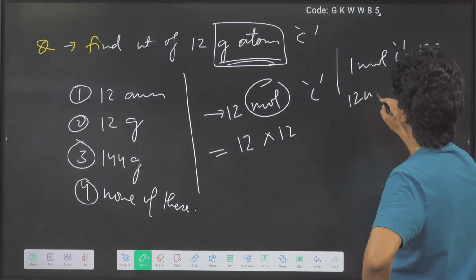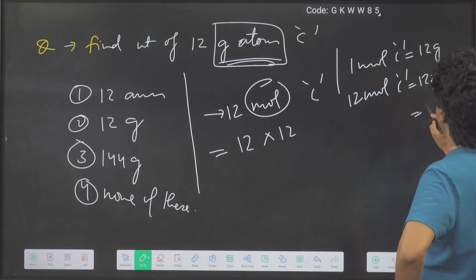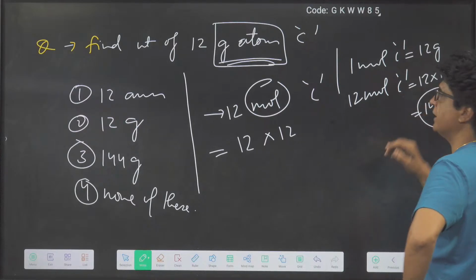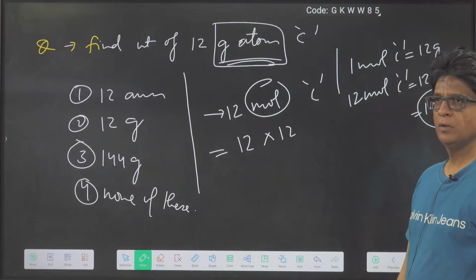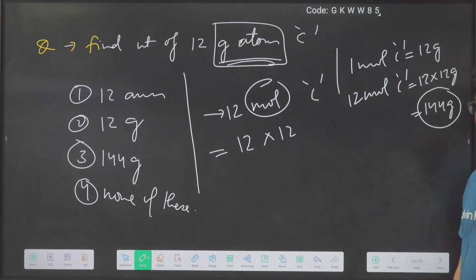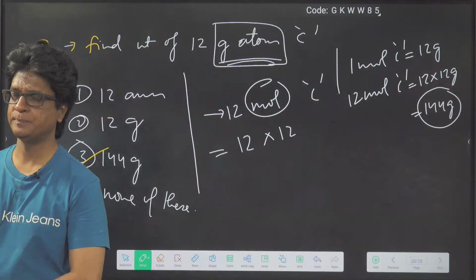So 12 mole of carbon will weigh 12 into 12, which is 144 gram. Is that clear? So the answer is the third one, 144 gram.